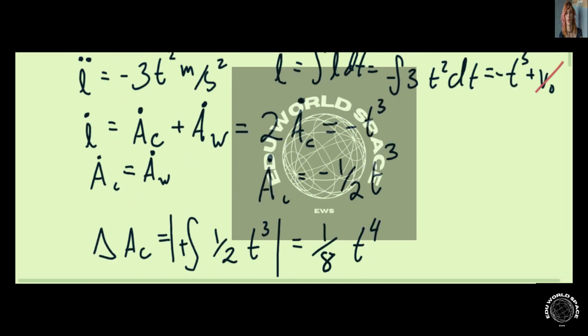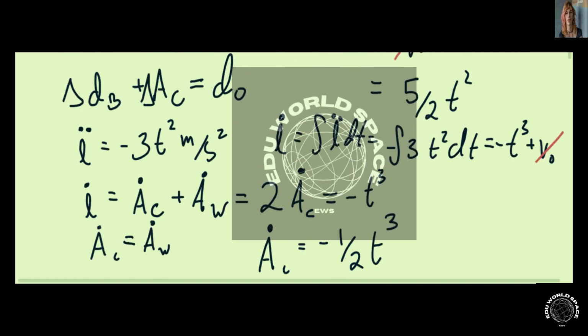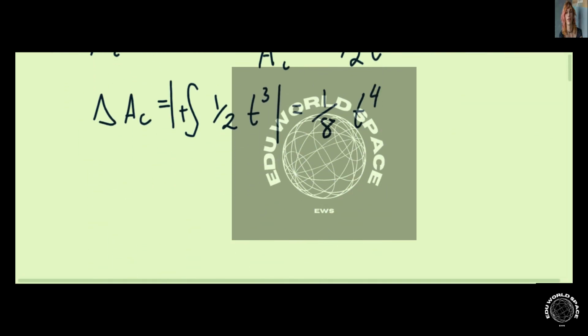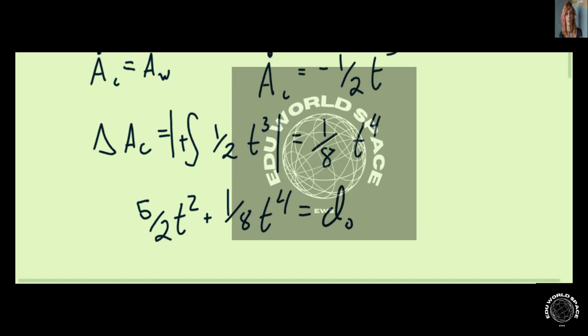So now that we have everything, we can go ahead and plug it all into our equation. And we'll get that this is 5/2 t squared plus 1/8 t to the fourth is equal to d naught.